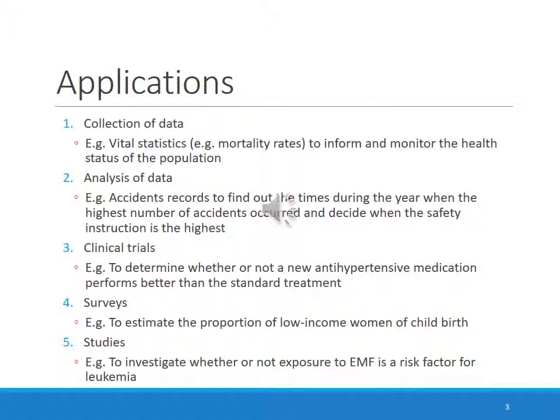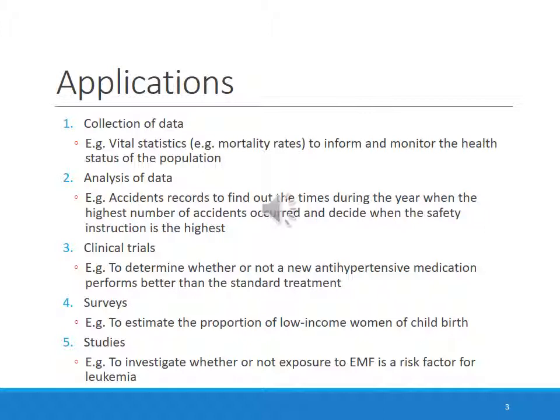1. Collection of data. Let's say we want to find out the vital statistics to inform and monitor the health status of a population. An example is mortality rate, where we want to find out how many people die from a particular disease. In such case, we need to start with collection of information or data. 2.